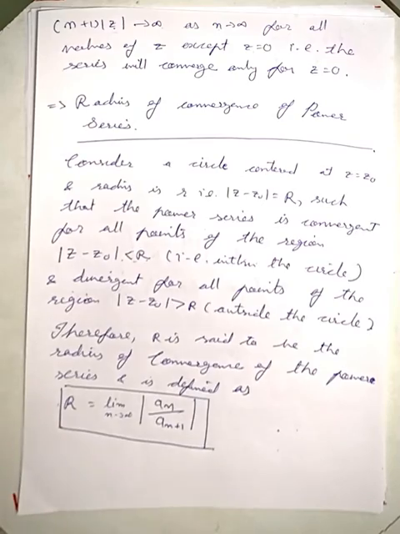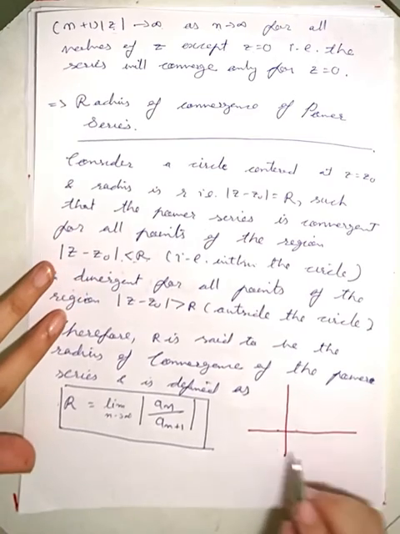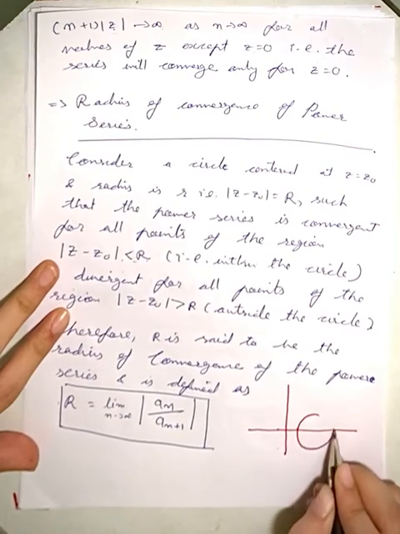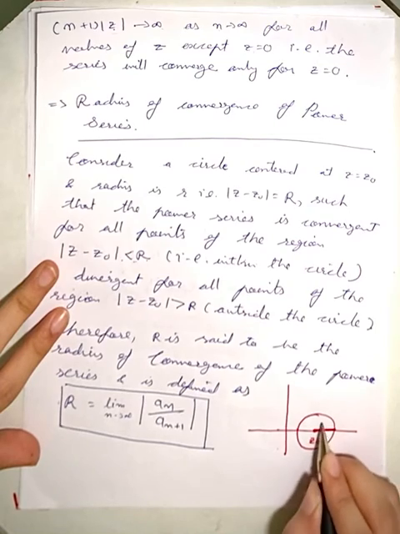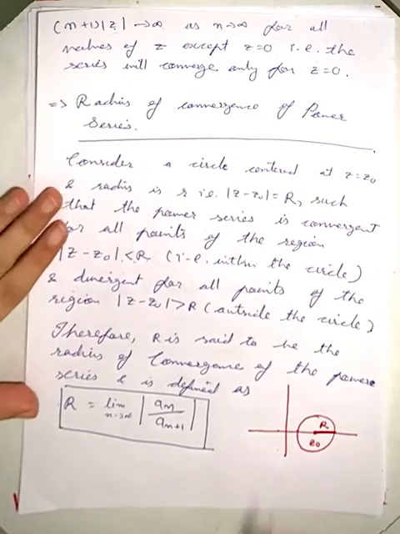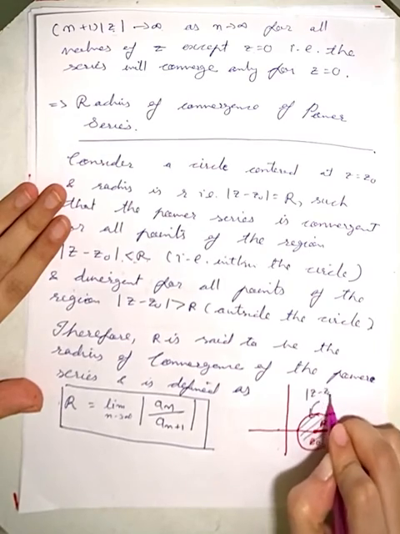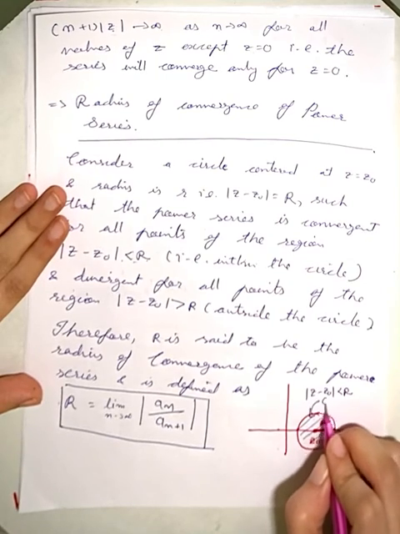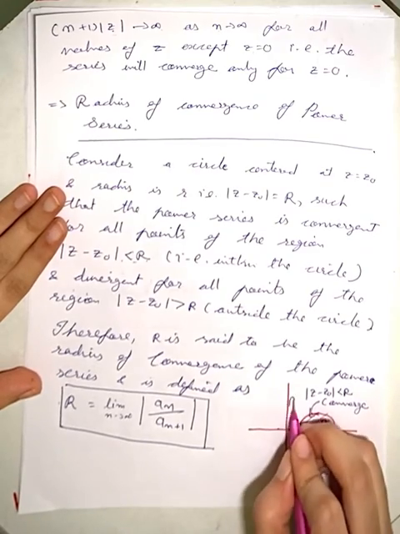So it says that if, let's say, we have a plane, and this is z0 and this is the radius of the circle, then for the region |z minus z0| less than R, the power series will converge.